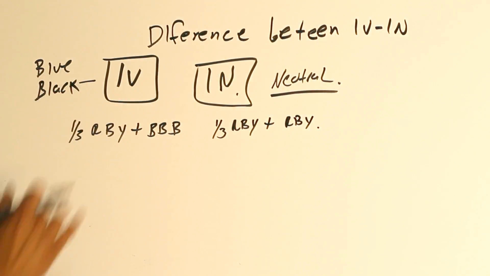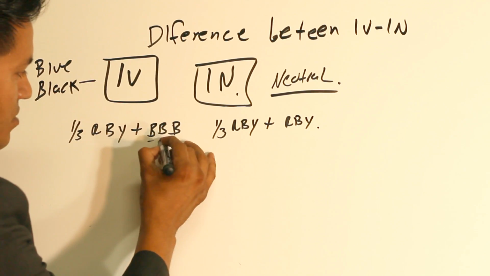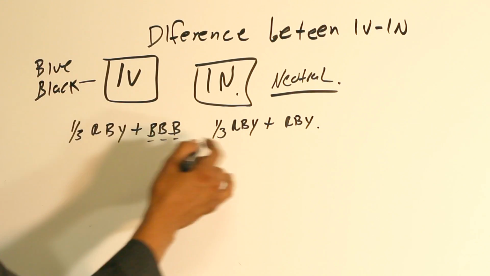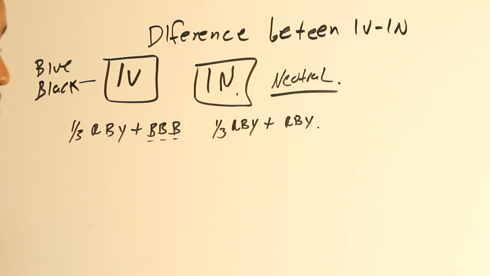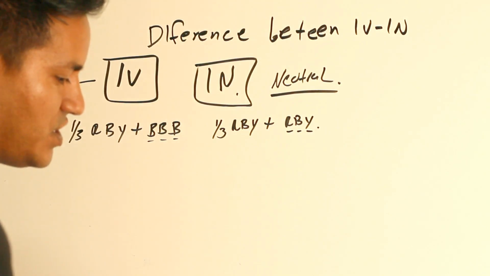What it means is that the 1B basically has more blue molecules in it. So the 1B, the blue black, has 3 molecules of blue, and the 1N has one-third of red, blue, and yellow, which is a neutral, plus red, blue, and yellow, that is a neutral.